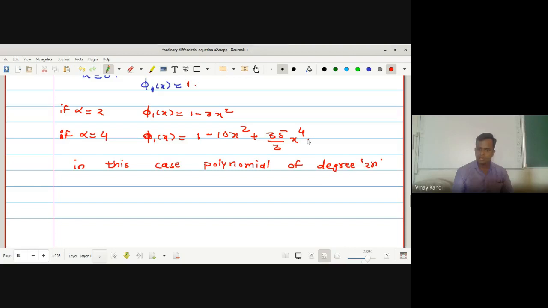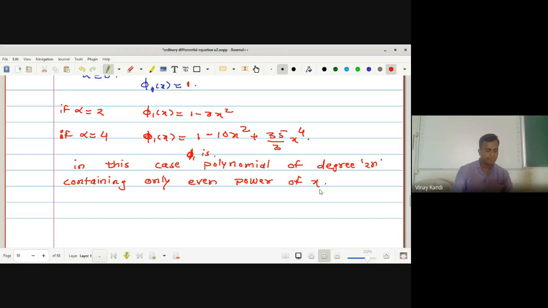Okay, the degree is 2n, an even degree, containing only even powers of x. So in this case phi 1 is the polynomial of degree 2n containing only even powers of x.